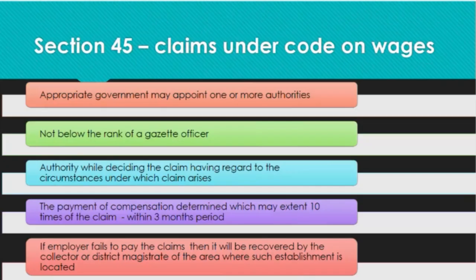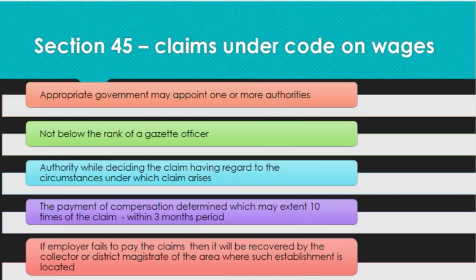Okay, so the decision that is taken by the authority and the payment of compensation can be 10 times the claim, and that is the threshold limit of the decisions that can be taken by this authority. They can settle the claims, and they can require the employer to pay a compensation to the employee which is not exceeding 10 times the value of the claim.